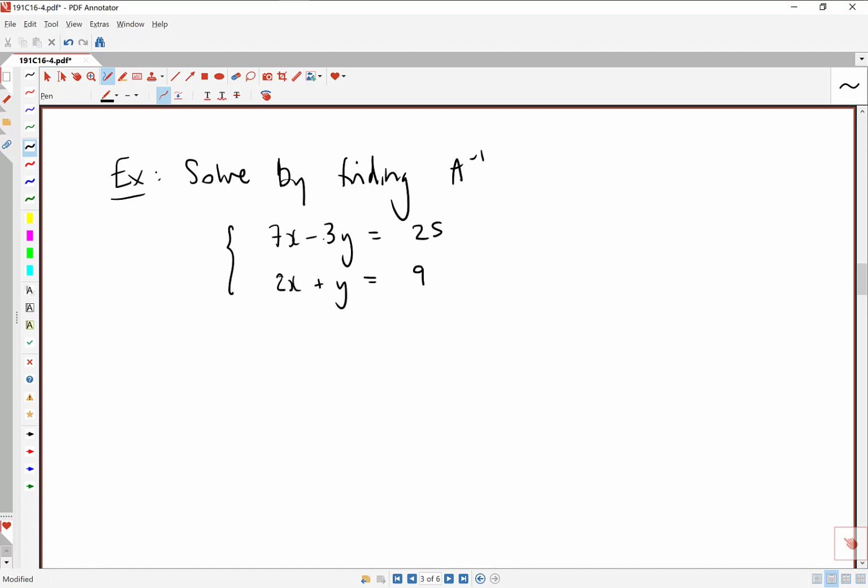We're going to do 3 examples in this video, and they're all going to have the same format. The problem is just going to ask us to solve a certain system by finding A inverse. The process would work like this: we need to pick out what A is. A just represents the coefficients for your system in the same order in which they were written, so 7, -3, 2, 1.